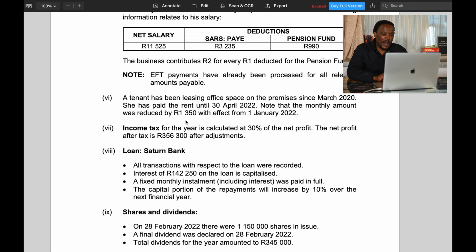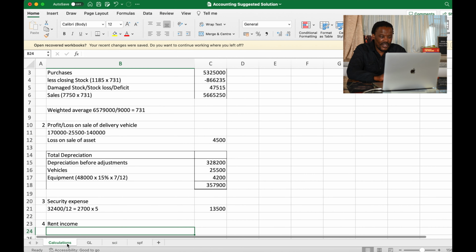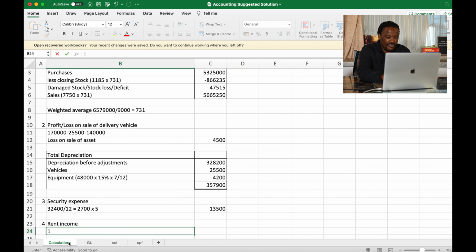So now the amount of rent that is given on the pre-adjustment trial balance represents this amount, which is 183,600.